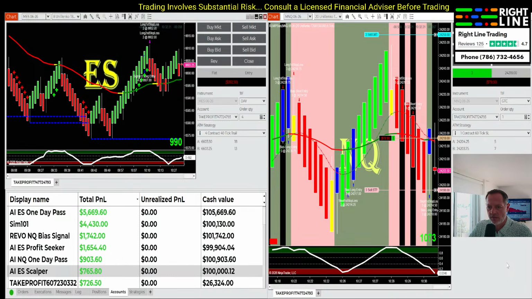Have an 80 tick stop on this one, so 20 points. 20-point stop. 40-point target.